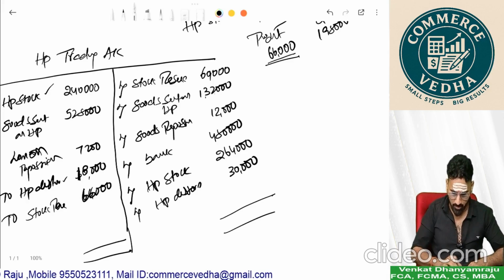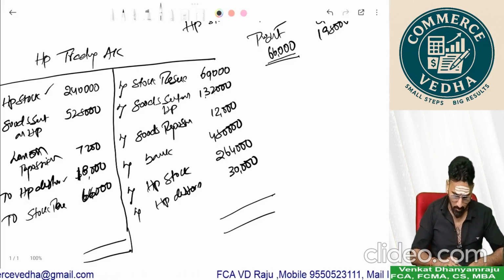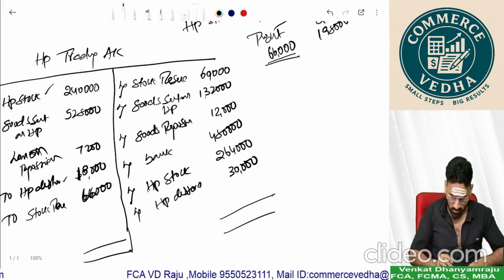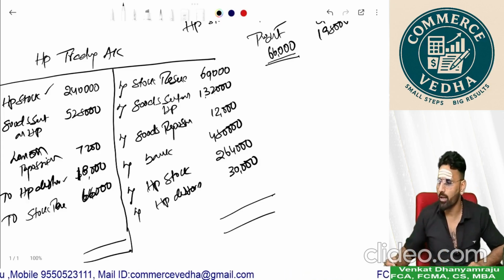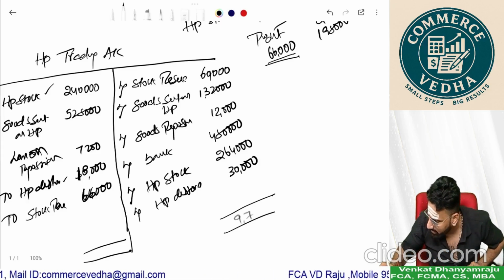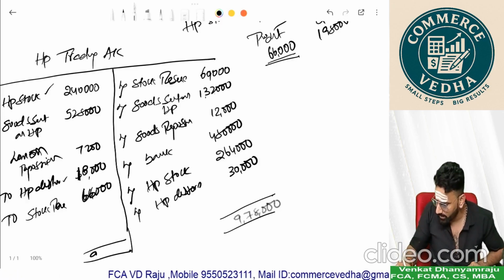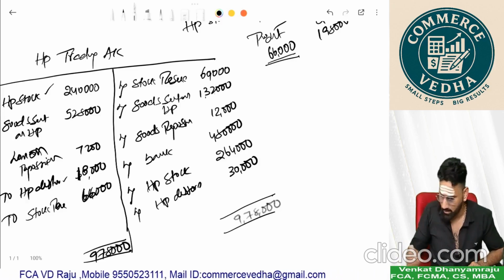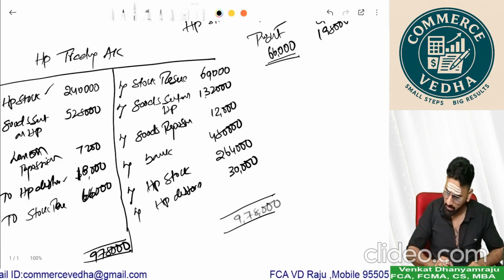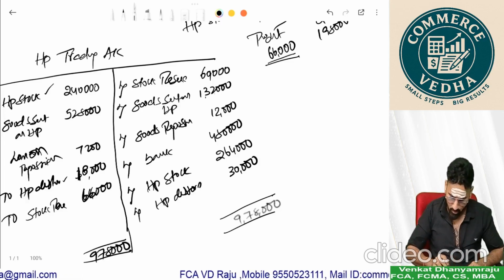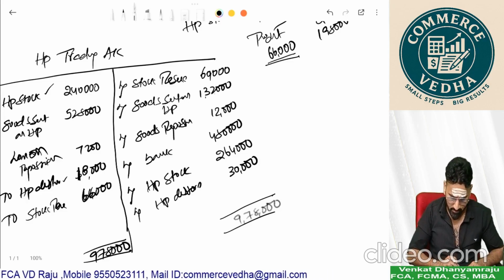60,000 plus 1,32,000 plus 12,000 plus 4,80,000 plus 2,64,000 plus 30,000. Total is 9,78,000. 9,78,000 minus 2,40,000 minus 5,28,000 minus 7,200 minus 18,000 and minus 66,000.